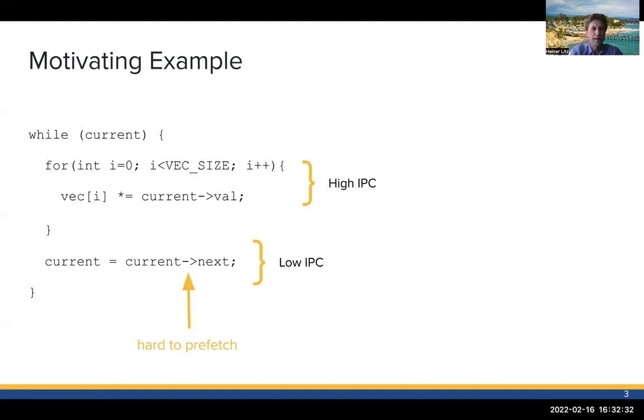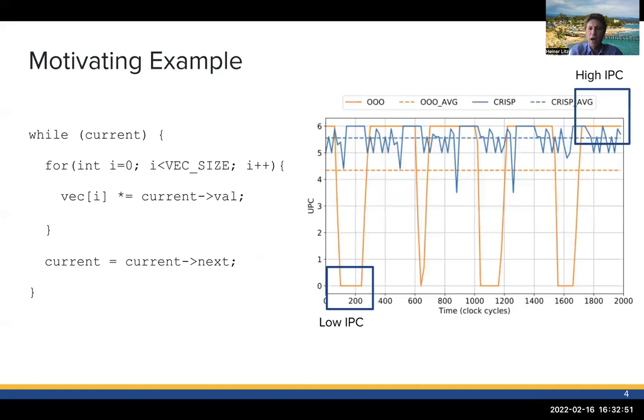On the other hand, in that kernel, we see an inner loop that performs an embarrassingly parallel computation operation. And this one will be executed with high IPC. So we measured the performance of this code on a modern out-of-order execution machine.